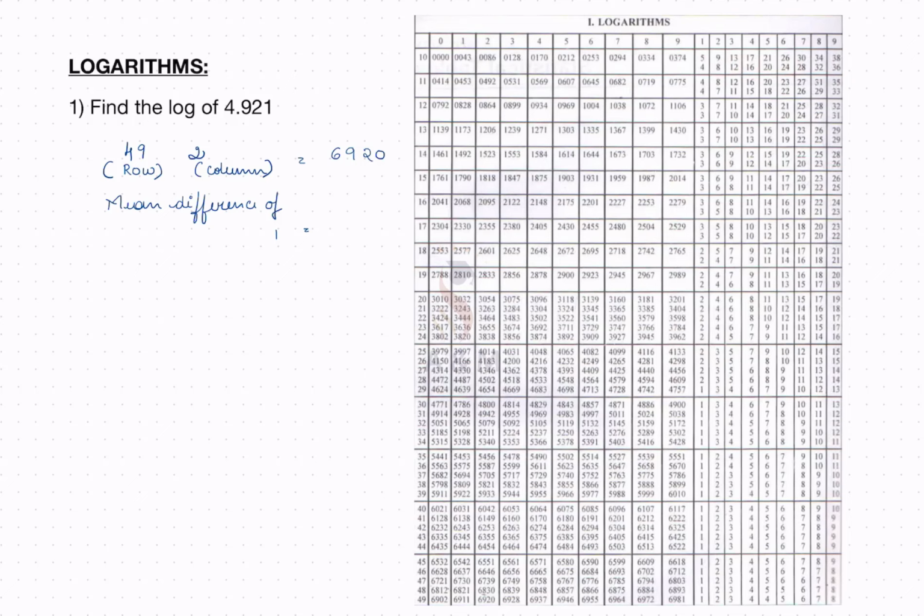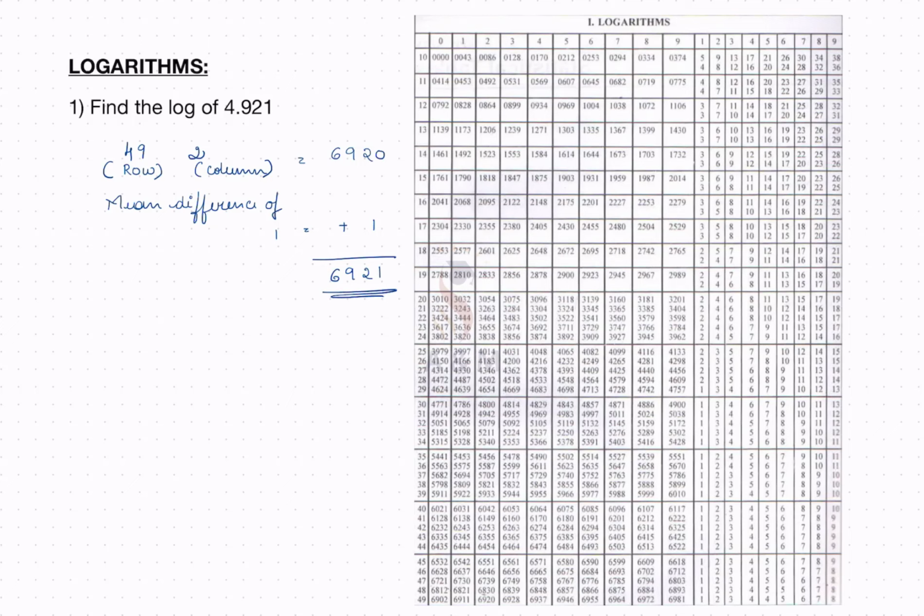Under 49 you have mean differences here. Mean difference of 1 is 1 itself. So, plus 1. 6920 plus 1 is 6921.